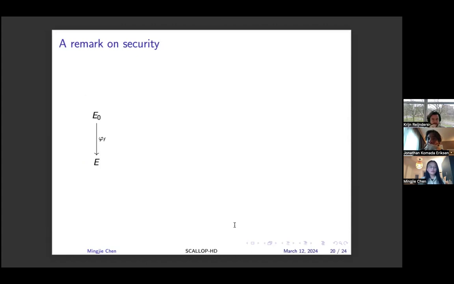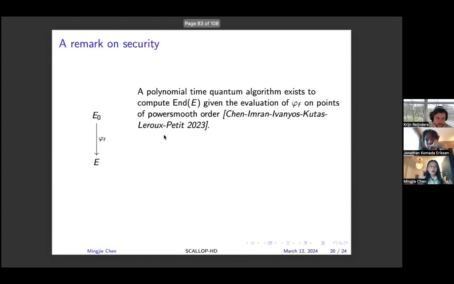Okay, now we have a small remark on security. Remember that the oriented curve, the starting curve, is generated by connecting it to E0 by a degree f isogeny phi f. A polynomial time quantum algorithm exists to compute the endomorphism ring of E given the evaluation of phi f on points of power smooth order. This is a result from a recent paper joint with Imran, Ivanos, Kutas, Leroux, and Petit.